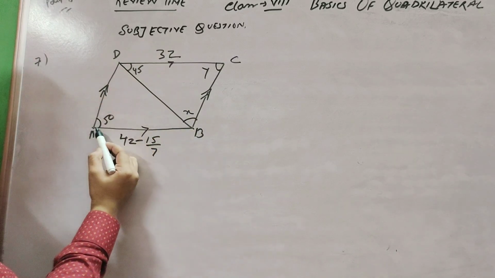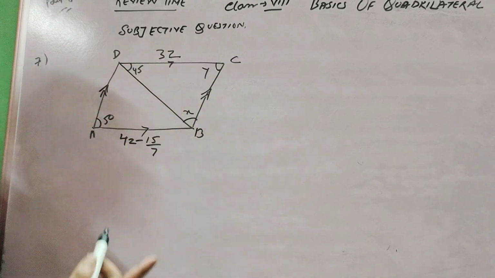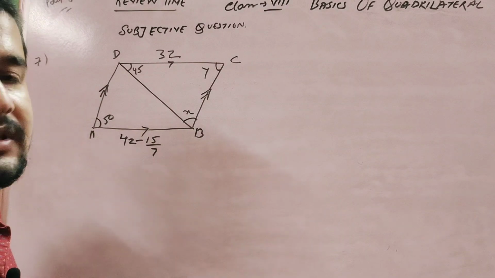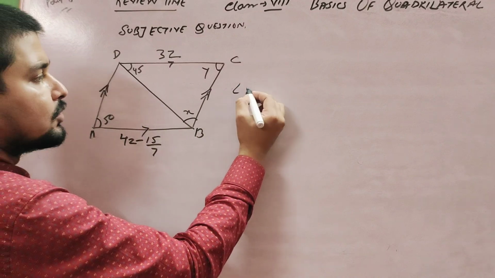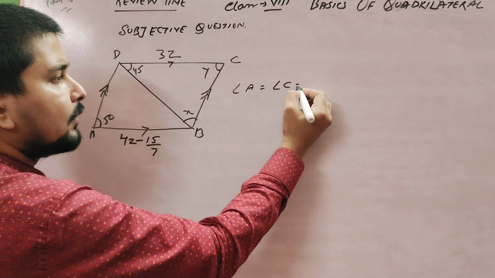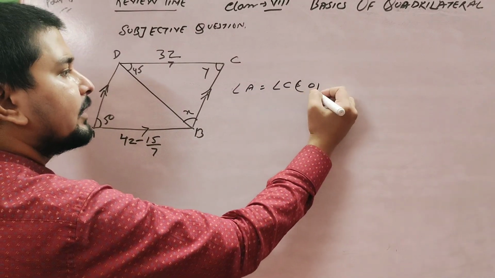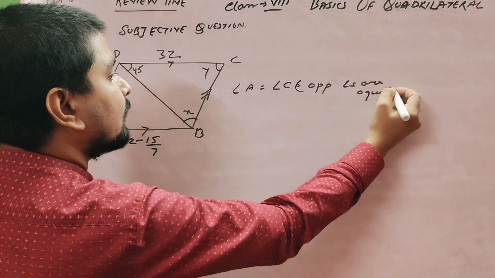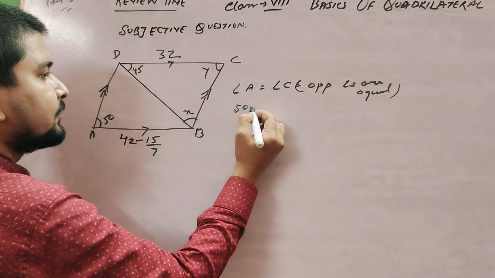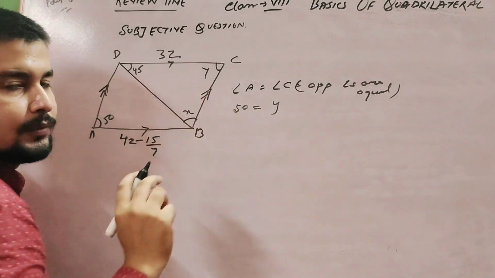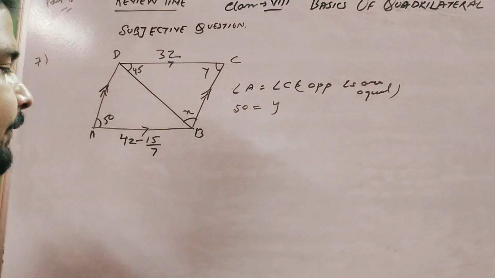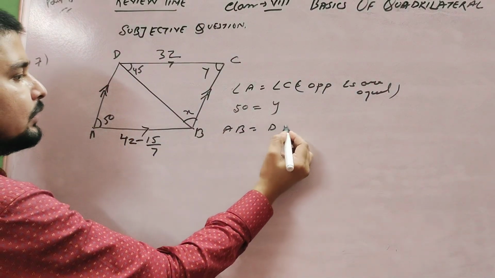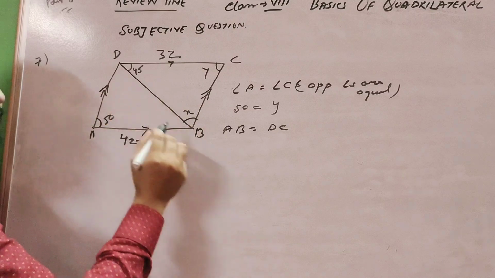First of all, angle A equals angle C because it is a parallelogram and we know the features of the parallelogram: the opposite angles of a parallelogram are equal. So A equals C, reason is opposite angles are equal. Okay, so angle A is 50 and C is y. So 50 equals y, that is y equals 50 degree.